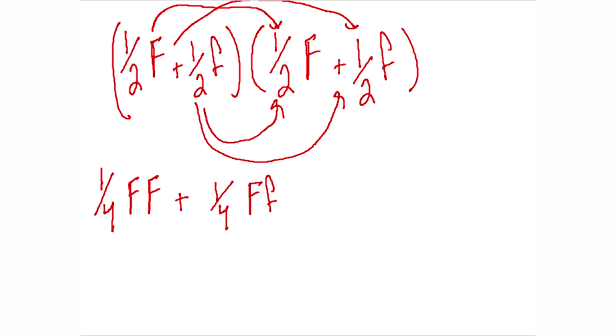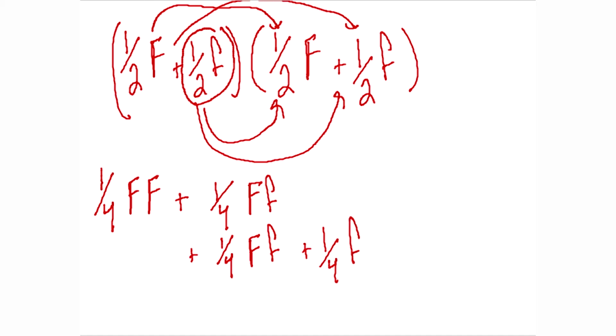The second set, involving the second allele here, plus 1/4 big F little f plus 1/4 little f little f.